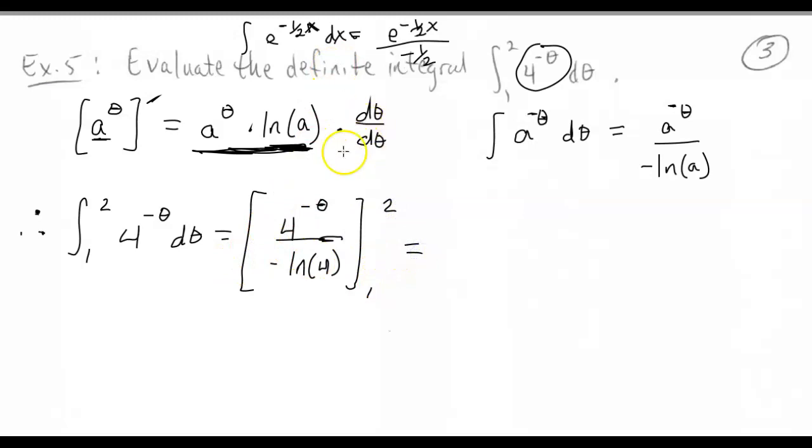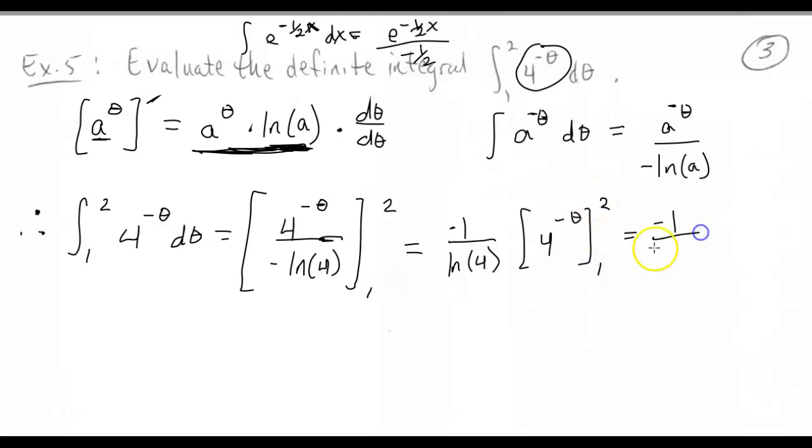And so in looking at that, the first thing that we could do is go ahead and factor out the negative 1 divided by natural log of 4. And we'll just look at 4 raised to the minus theta from 1 to 2, and try to make that natural log look a little better there.